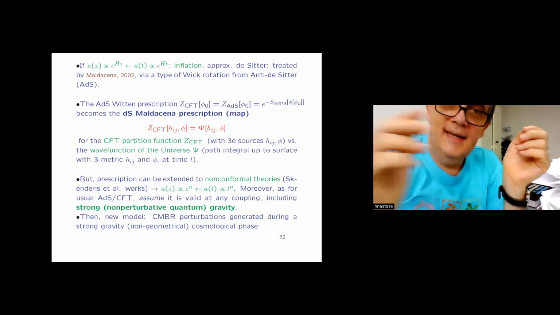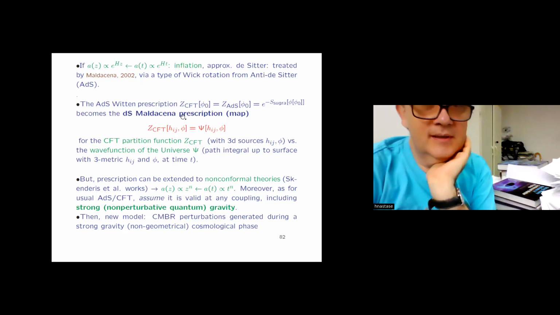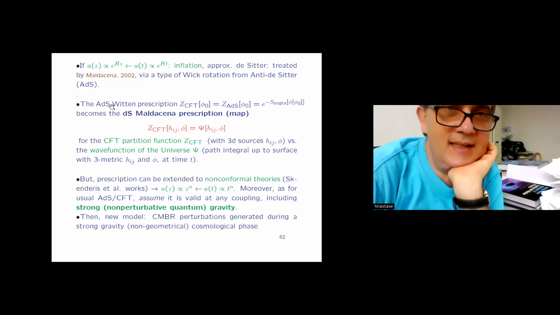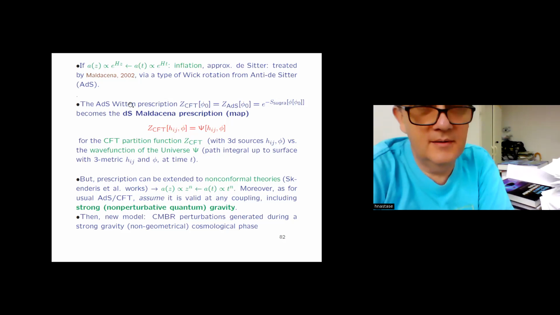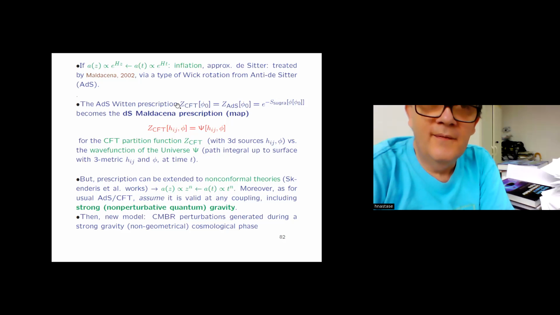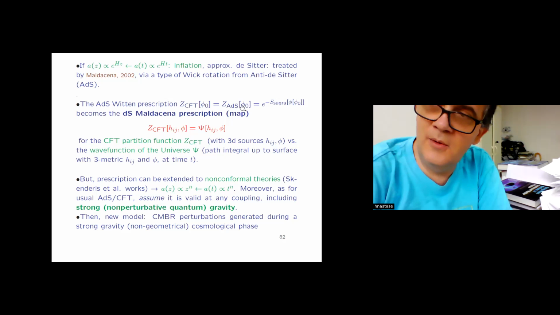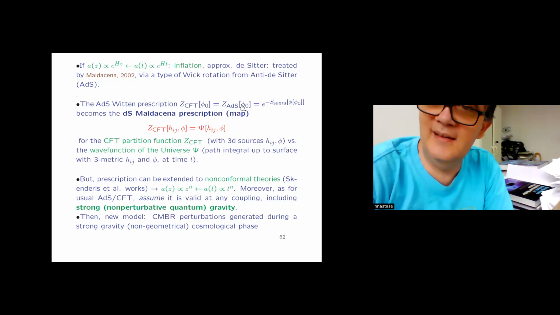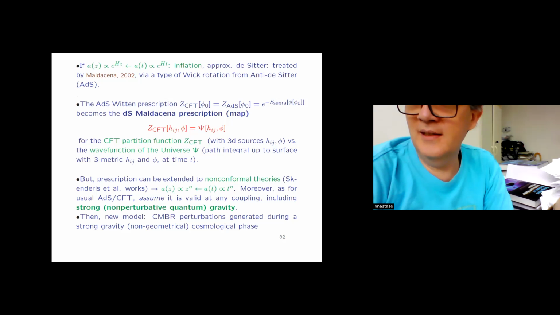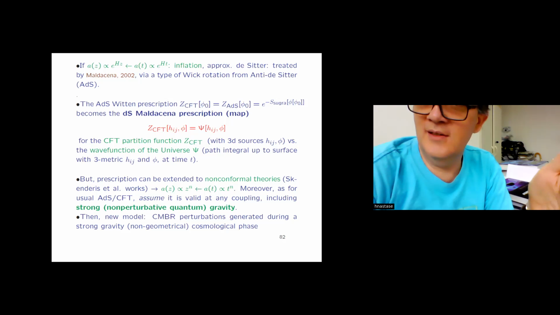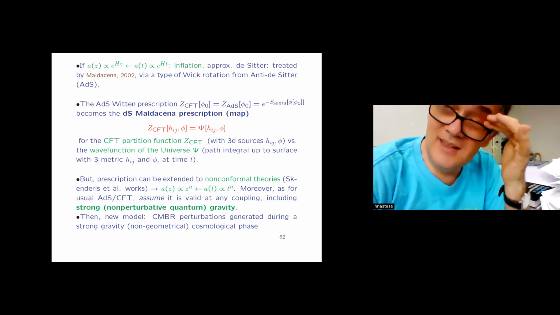And when one does that, Maldacena found the following prescription. So one starts with the Witten prescription in AdS, which was that the partition function in the CFT as a function of some sources phi 0 is the partition function of AdS, where these phi 0 correspond to boundary sources for the fields. And this partition function in the supergravity limit is just e to the minus the supergravity action that depends on these fields.